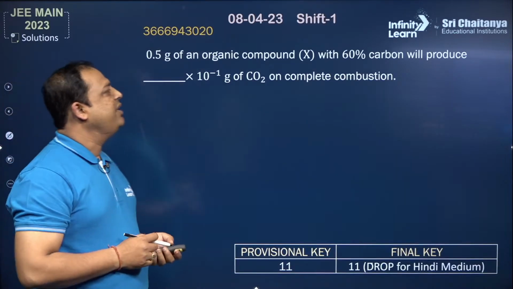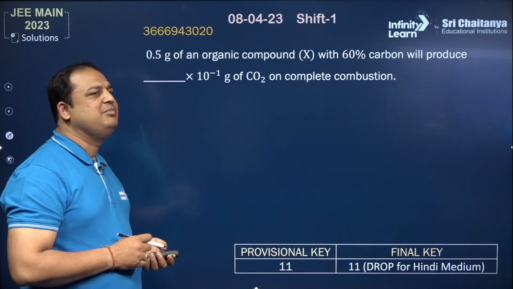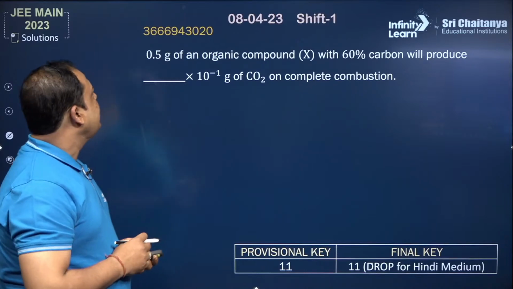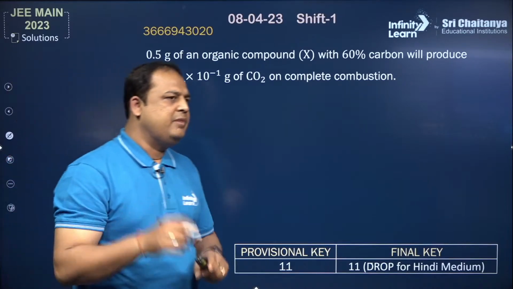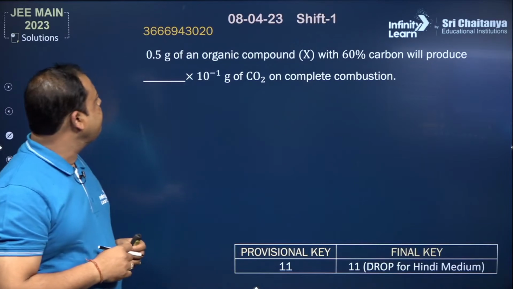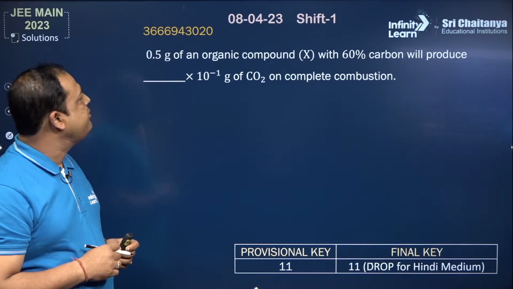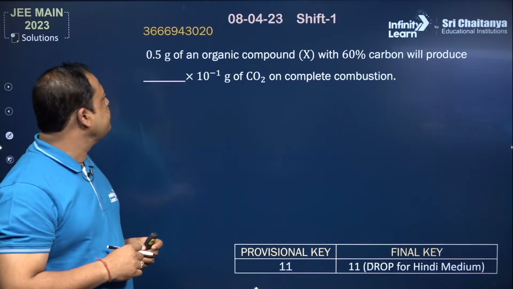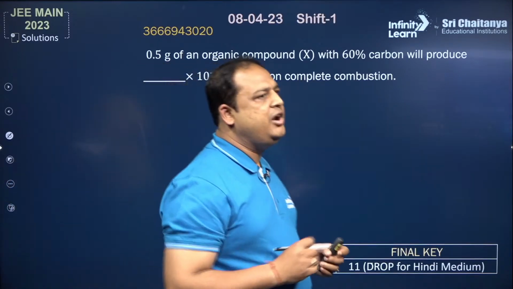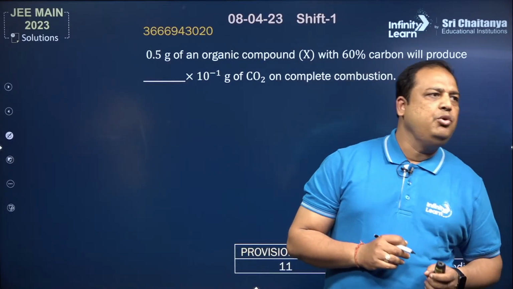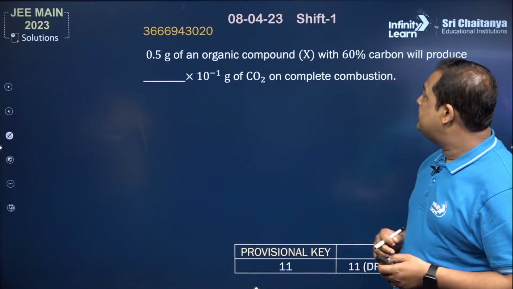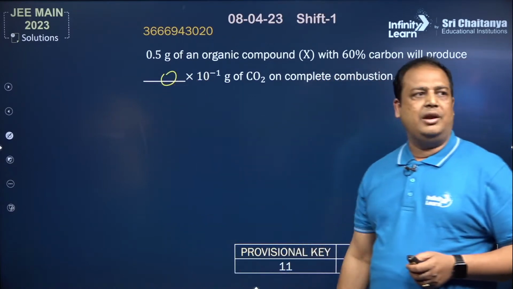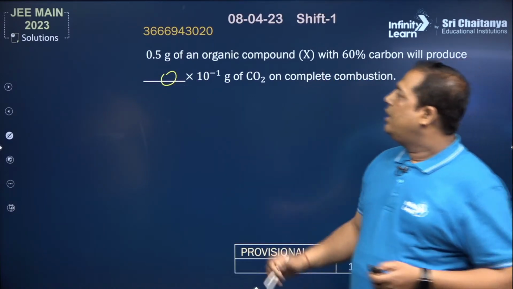This is a question related to estimation of carbon. Estimation and purification is a chapter in organic chemistry. 0.5 gram of an organic compound X with 60% carbon will produce dash into 10 to the power minus 1 gram of CO2 on complete combustion. Okay, we have to fill this blank.